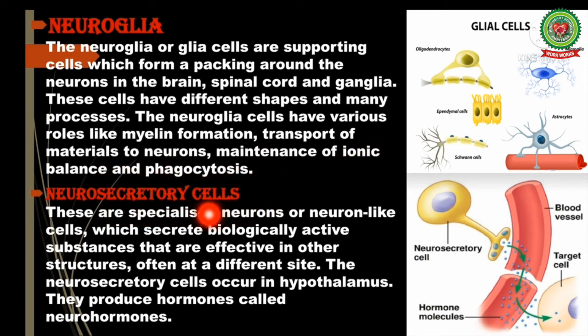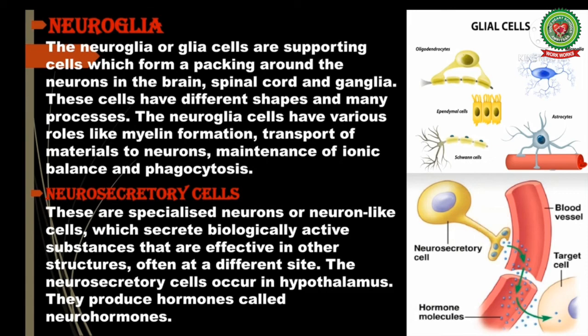Neurosecretory cells. These are specialized neurons or neuron-like cells that secrete biologically active substances that are effective in other structures, often at different sites. The neurosecretory cells occur in the hypothalamus. They produce hormones like neurohormones.